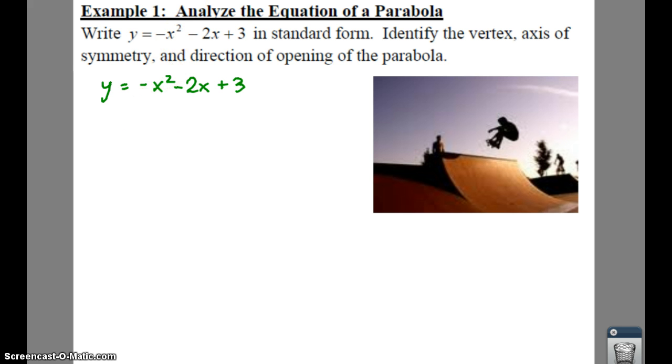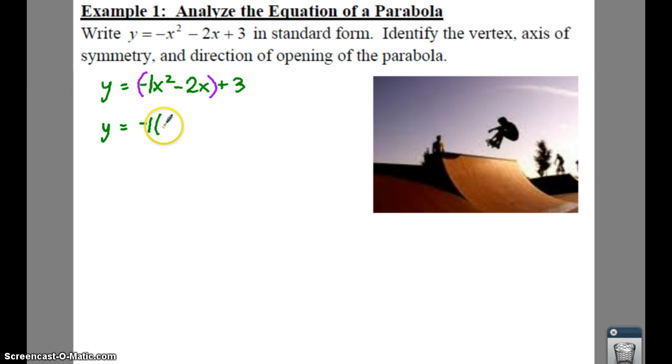So that means we're going to group together these two, and we're going to push that 3 out a little bit, and we're going to leave a space inside your parentheses. Now notice there's a -1 here in front of your x squared. You can't complete the square if that is anything other than a +1. So we need to take out a -1 before we complete the square.